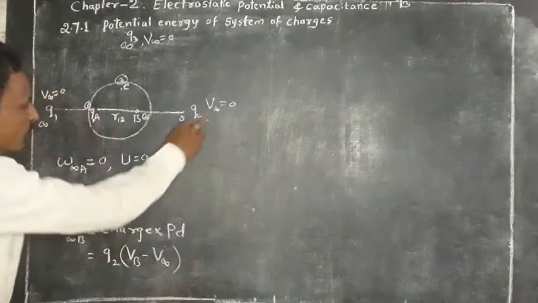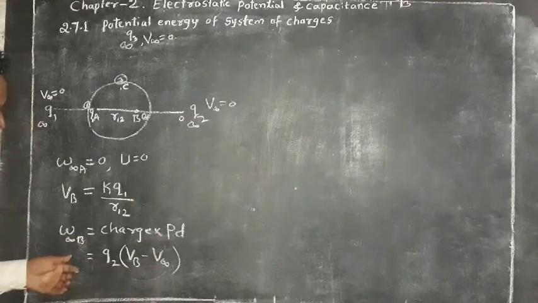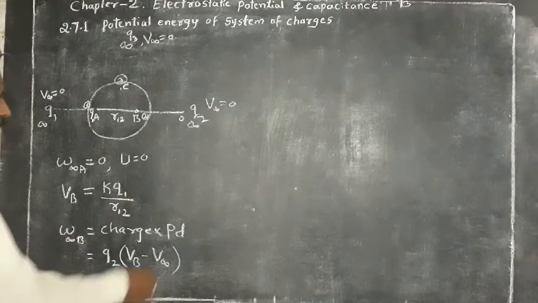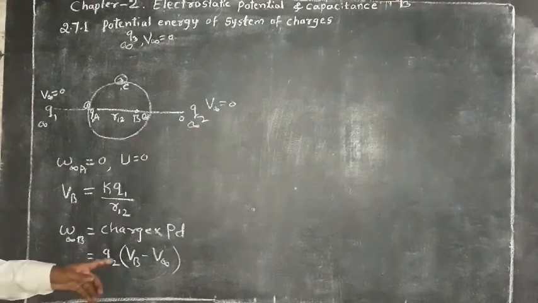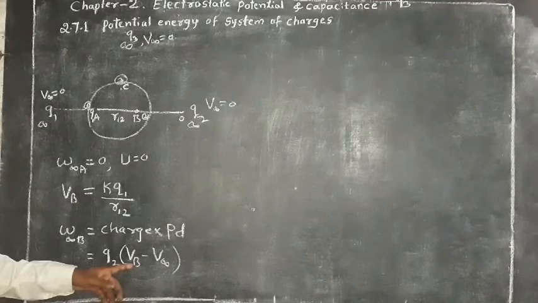But V at infinity is equal to 0, hence work done in moving a charge from infinity to the point B is equal to Q2 into Vb.